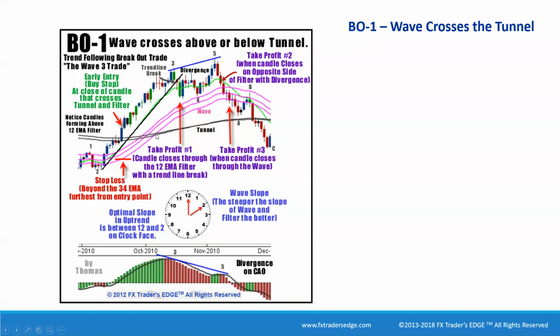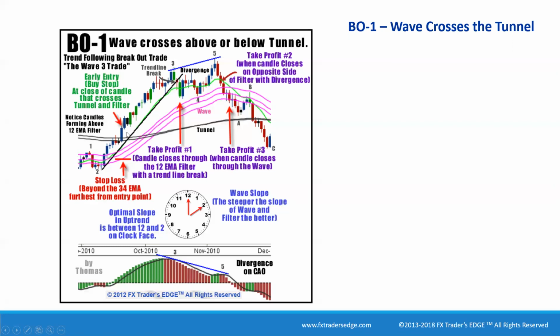Some students, if they feel confident, can enter on the candles. You can enter on a partial break once the waves are pointing up, or you can wait for a confirmed break. In this case, once the wave clears the tunnel completely, we've already moved up substantially.